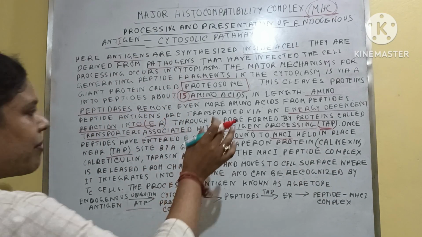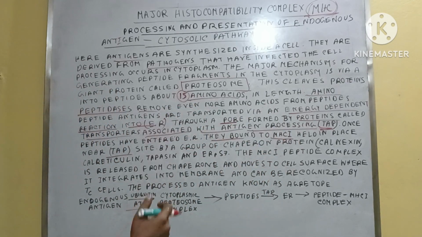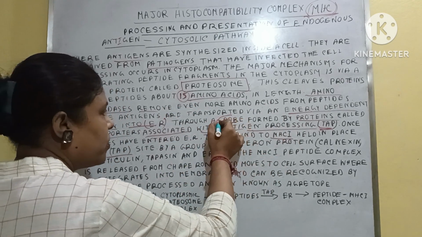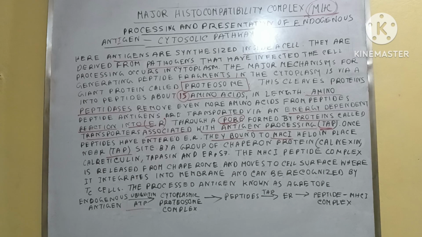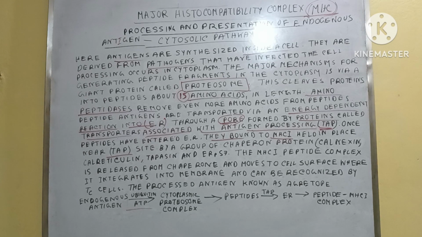That's why the MHC1 is situated just near the pore, or TAP site, clear.